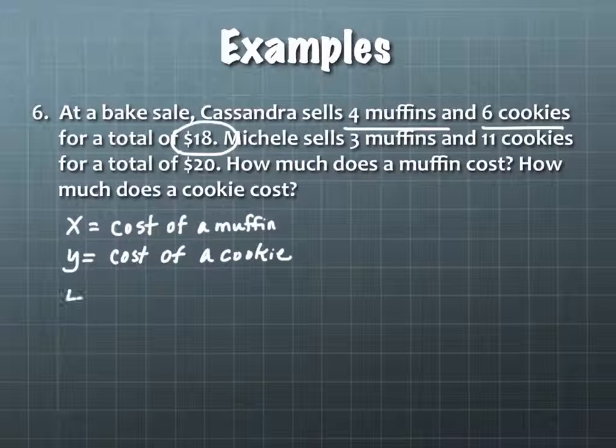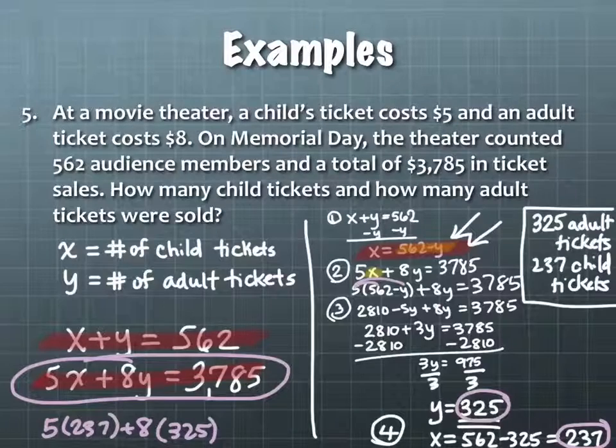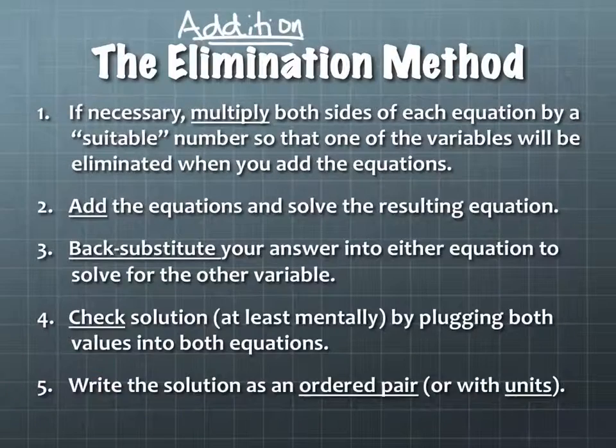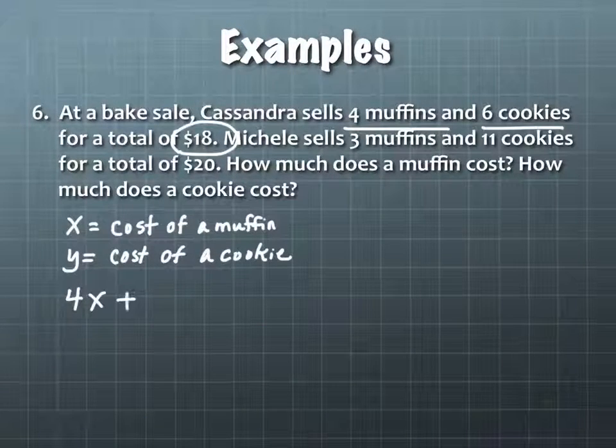We have 4 muffins times the cost of a muffin. This is like the second equation that we set up over here with our ticket sales, right? The cost times the number sold, plus 6 cookies times the cost of a cookie, which is my y, and that's Cassandra, and how much money did she make? $18, yeah. What will Michelle's equation look like?